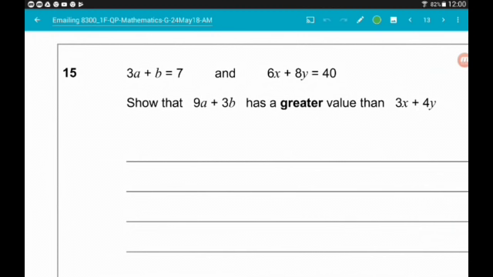We've multiplied 3a add b by 3. So 9a add 3b is equal to 3 lots of 3a add b. Now 3a add b is equal to 7. 3 times 7 is 21.